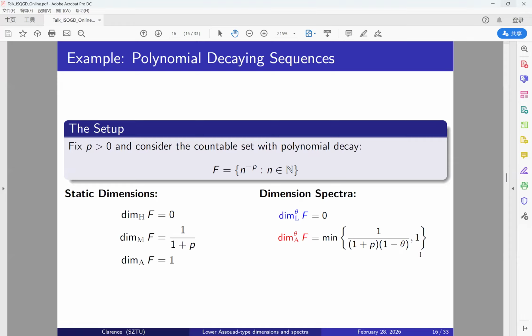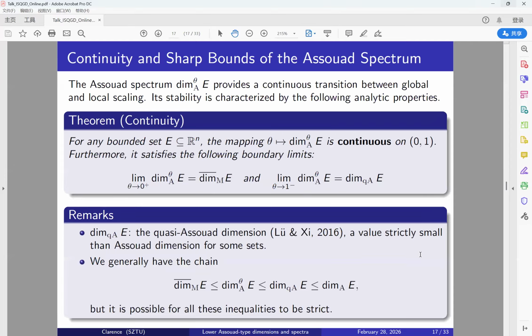The dimension spectra here show that the Assouad spectrum gives some phase transitions from the upper box dimension to the Assouad dimension, and the lower spectrum looks a bit like the lower dimension. So it always holds like this, and this is used to discuss the basic analytical properties of the Assouad-type spectra. We first go to the information about the Assouad spectrum.